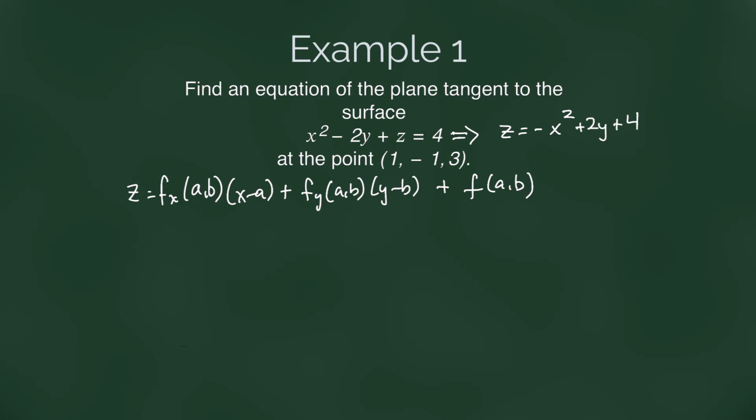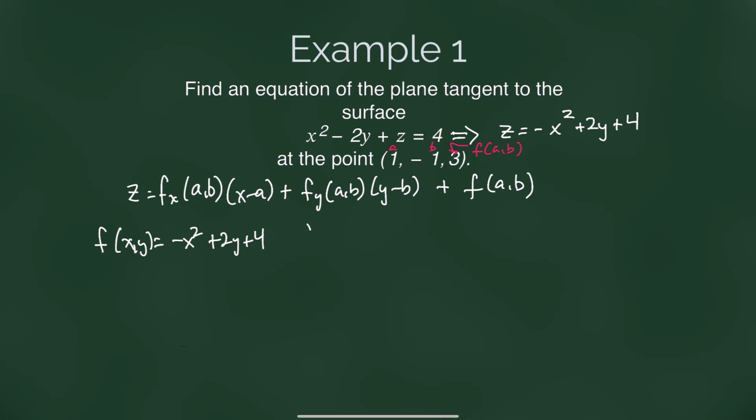And so then our f of (a, b), or f of (x, y), is going to be negative x squared plus 2y plus 4. And for our given point, this is our a, and this is our b value. And then this, because it's z, this is going to be f of (a, b).